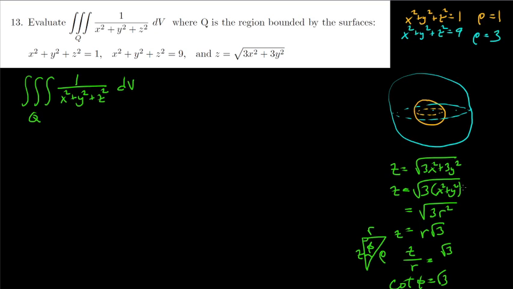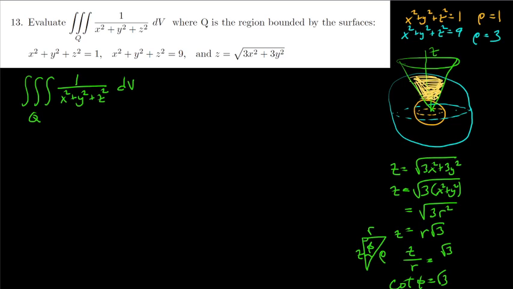So this is just a cone, right? This is a cone where if this is the z-axis, you're just going out 30 degrees. Right? So essentially it's everything in between these two spheres, but inside the cone here. So horrible graph, but that's the idea.